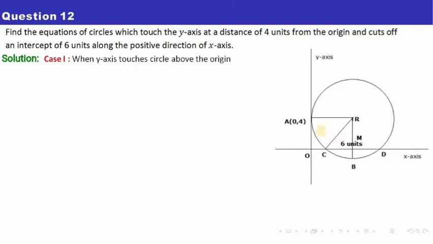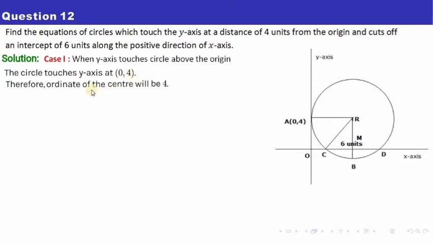Now see here, we know that from here to here is 4, right? So from here to here, that is RM, is also going to be 4. We have the circle touching the y-axis at 0 comma 4, so the ordinate of the center, which means the y coordinate of the center, will be 4.